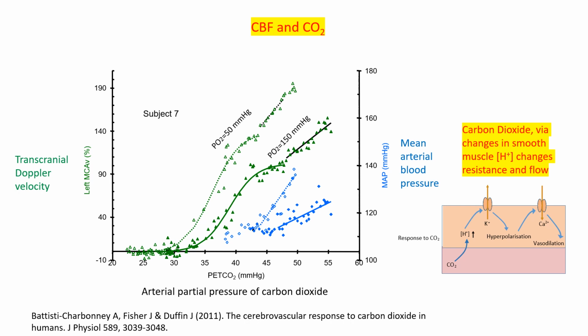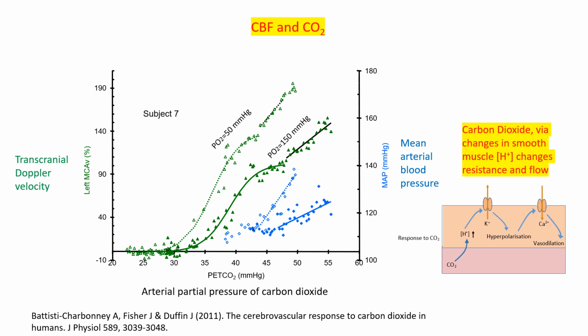Comparing the solid and dotted line fits of these sigmoids, it can be seen that hypoxia enhances the response to CO2. The sigmoid fit to these data result from the vascular limitations of vasoconstriction in hypocapnia and vasodilation in hypercapnia.